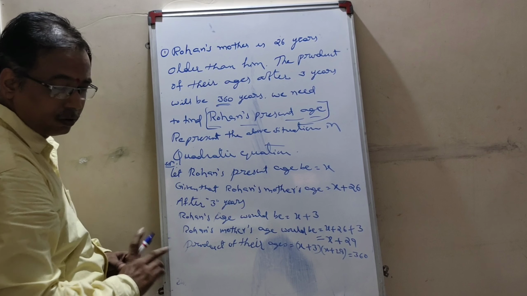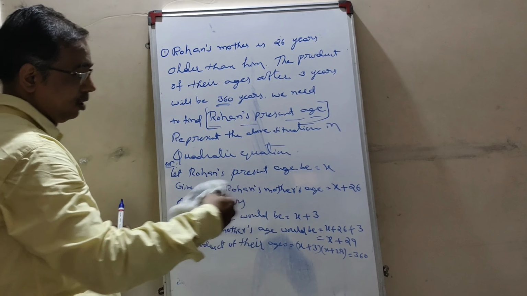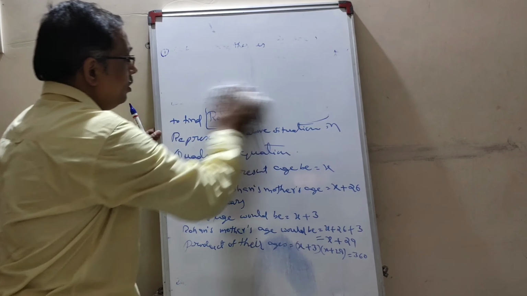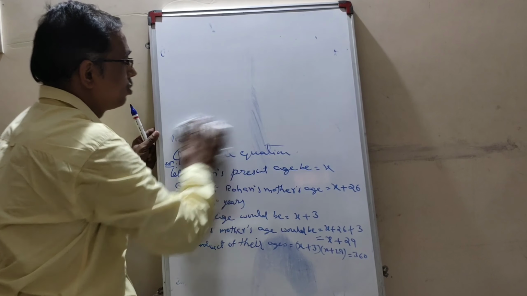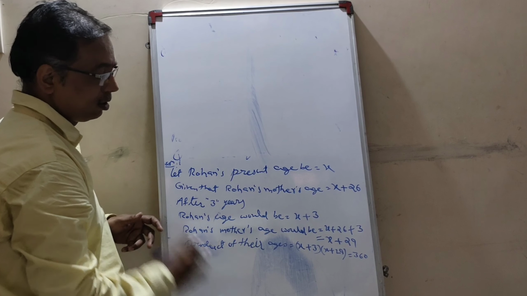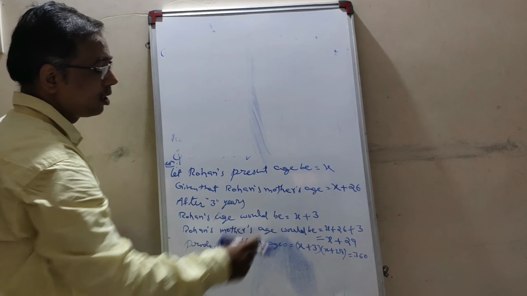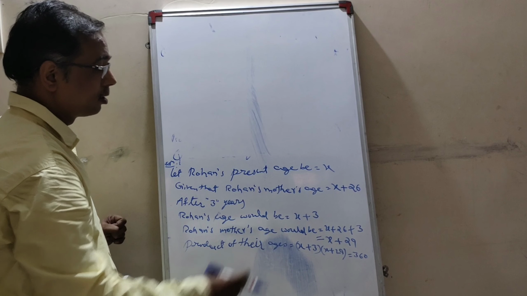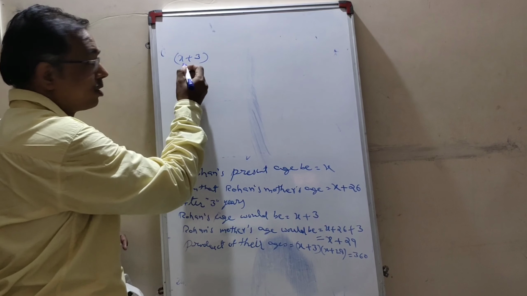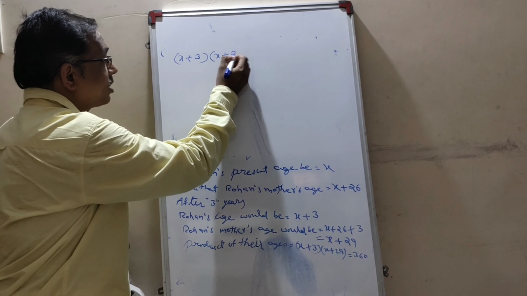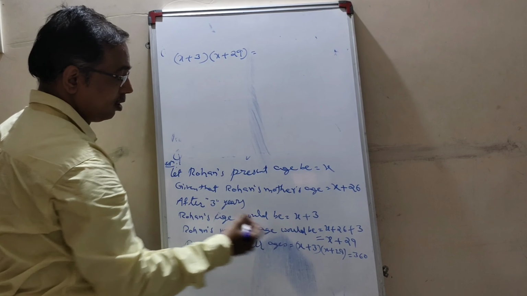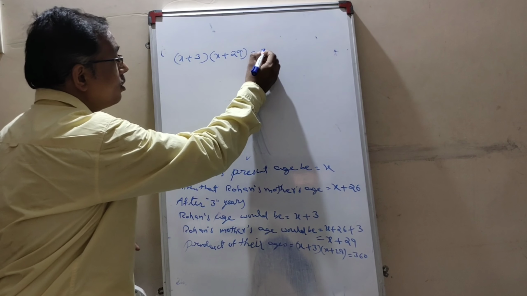Okay. Now we will see the simplification. While doing this type of sum, you must know about the product of binomial terms. Here x plus 3 is a binomial term and x plus 29 is a binomial. x plus 3 into x plus 29 is equal to 360.